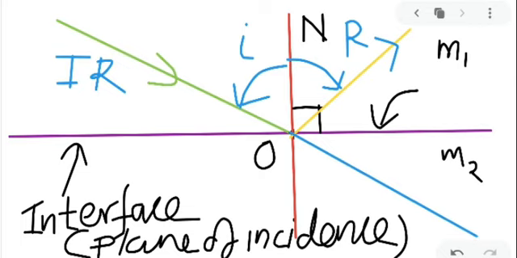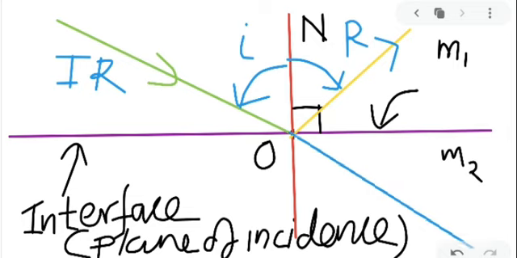One is that it can deviate from the actual path towards the normal. This is the actual path, right? As you can see, the incident ray and the light that goes through the second medium are on the same path, but actually this is not what is going to happen. The light will start to bend at the point of incidence.